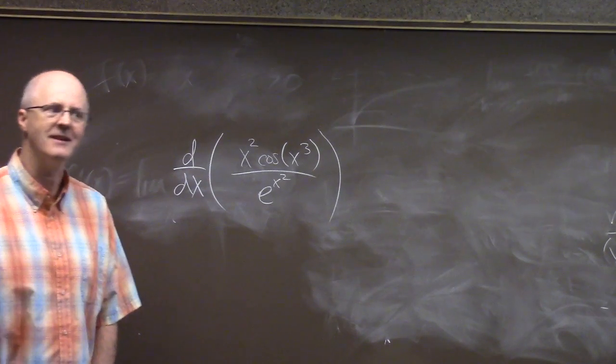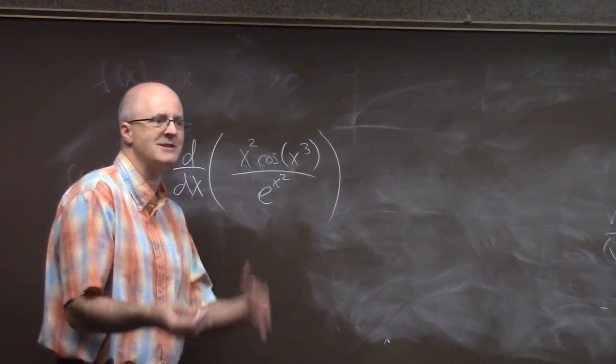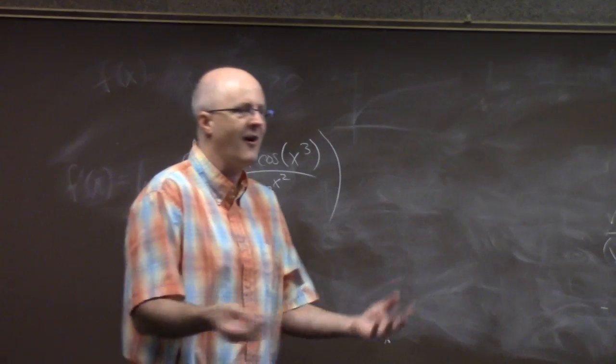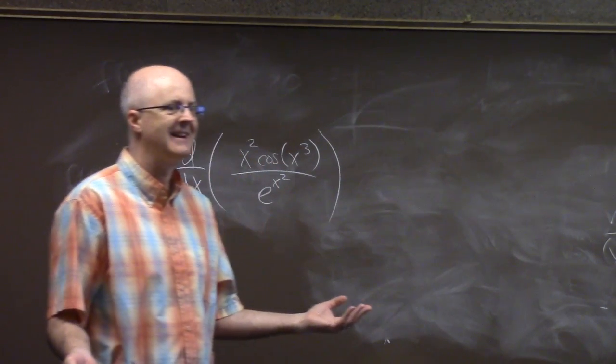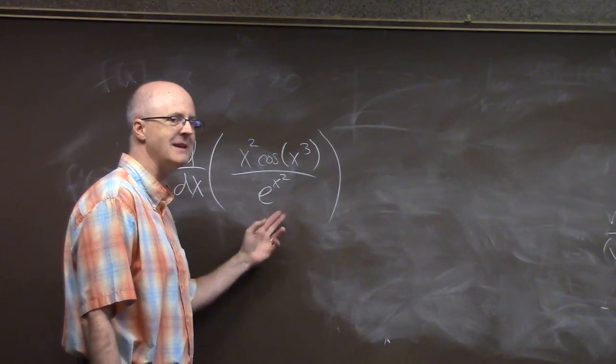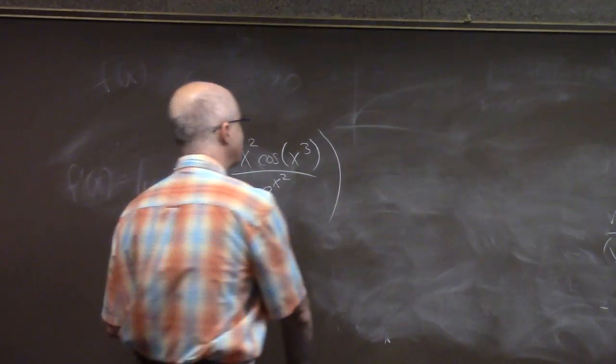Amazingly, it can be done, right? These derivative rules that you just take for granted are really, really amazing. The fact that we can differentiate something like this at all is amazing.